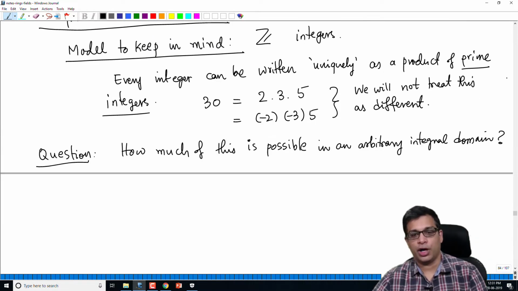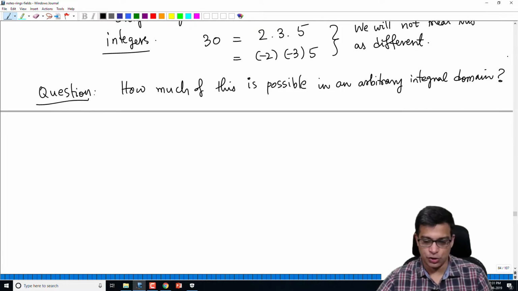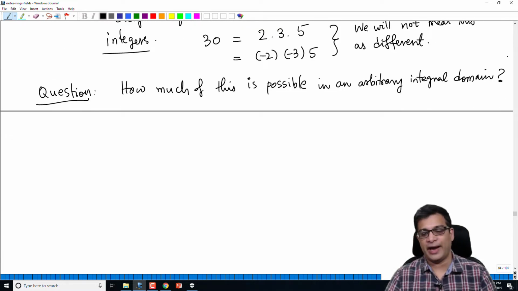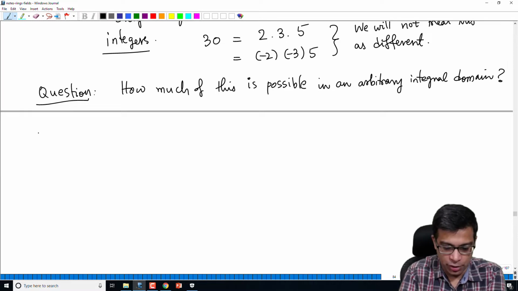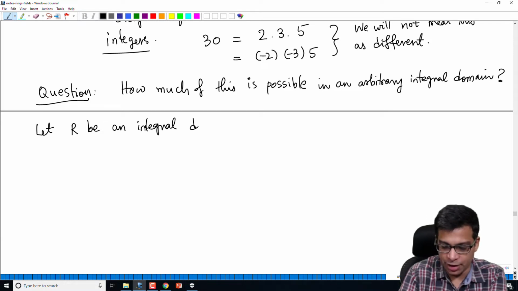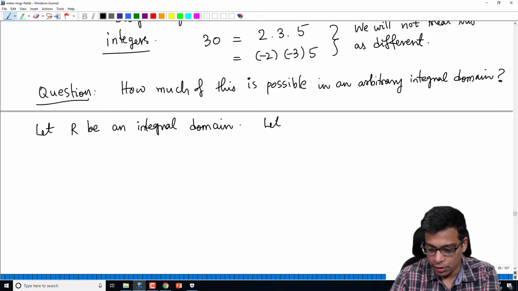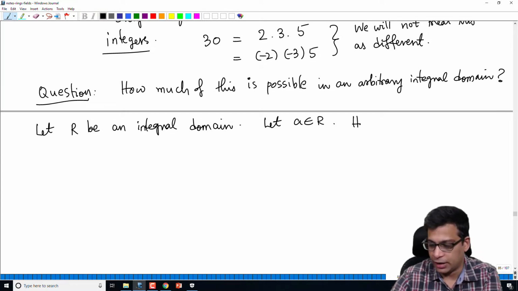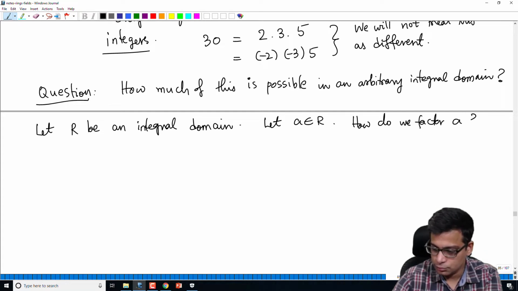So first of all, we want to factor. So how do we go about factoring? Let R be an arbitrary integral domain. We'll put some conditions later and define unique factorization domains. But let's start with an arbitrary integral domain, and let's take an element A in R. How do we factor A?